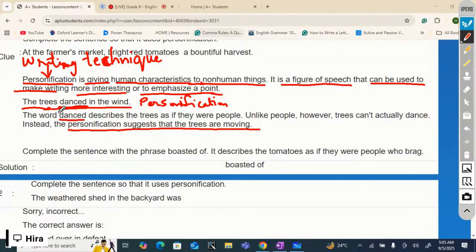But the technique of personification which is used here gives this non-human thing a human characteristic. What is personification? Personification is giving human characteristics to non-human things.